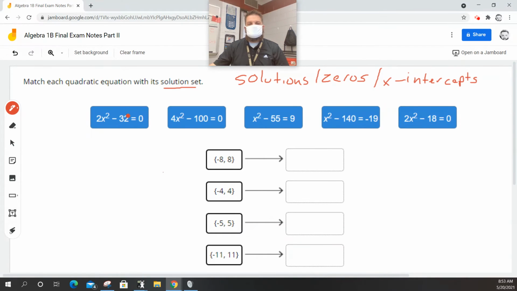So that means this one goes here: 2x squared minus 32 equals 0.